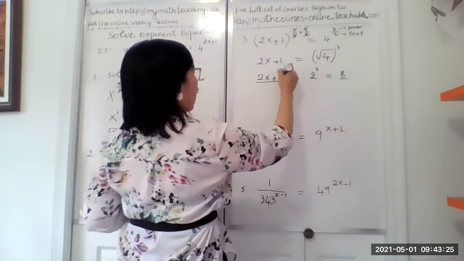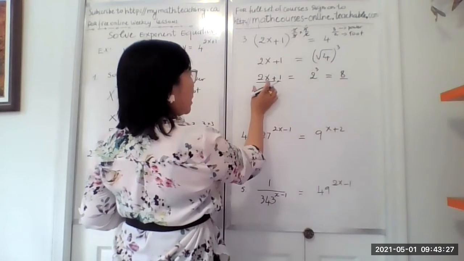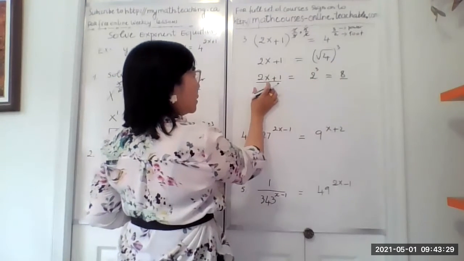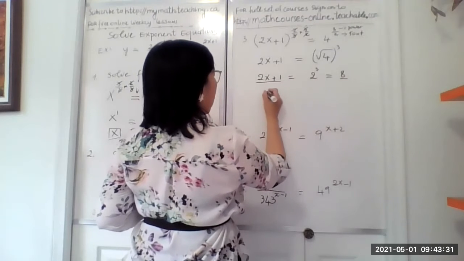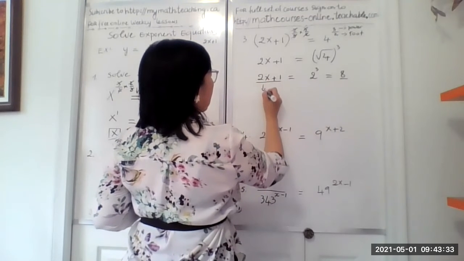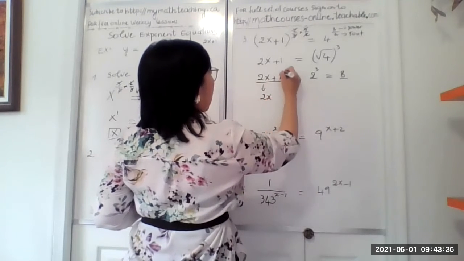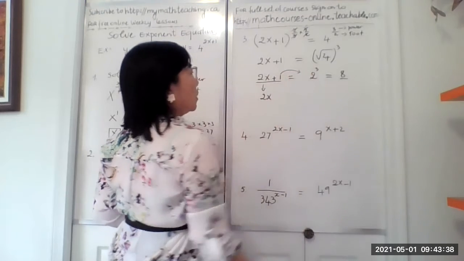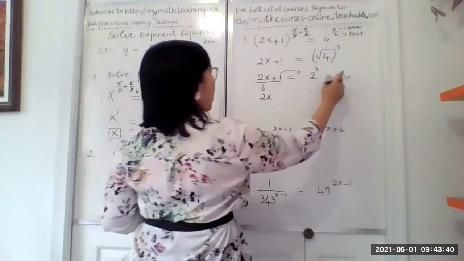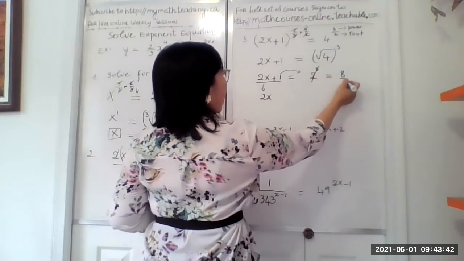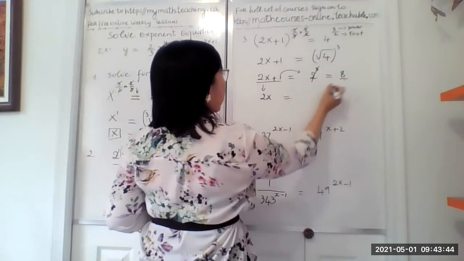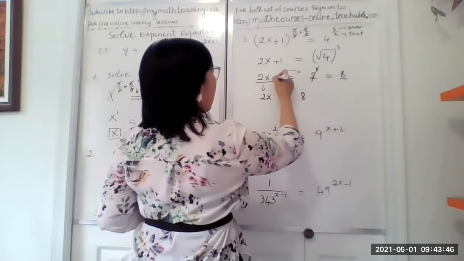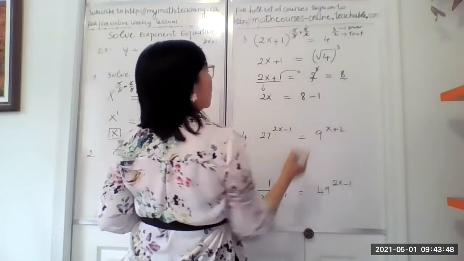It means that to solve this equation, I separate the variable x on one side and the number on the other side. So I'm going to bring the 2x down here, but I'm going to move the 1 over to the right. Now on the right hand side, I have the number 8 still there, and I'm going to move the 1 over.